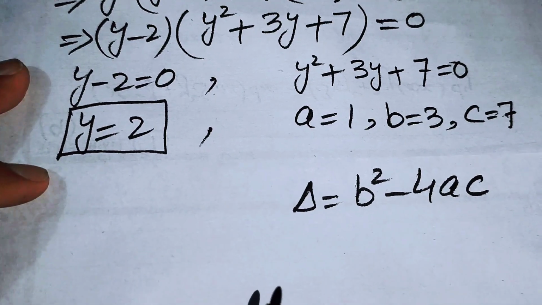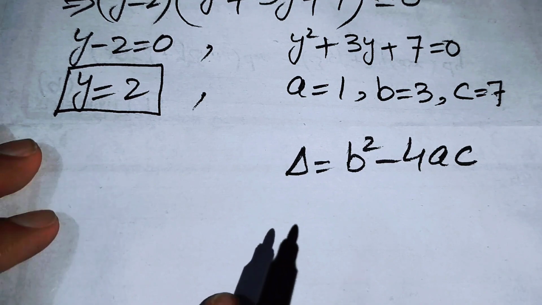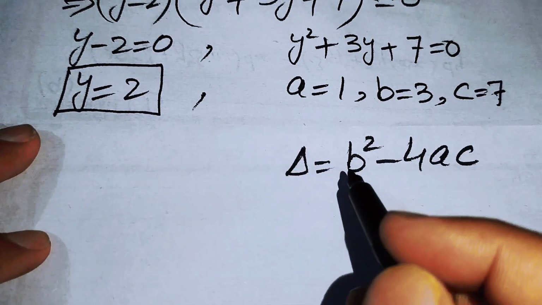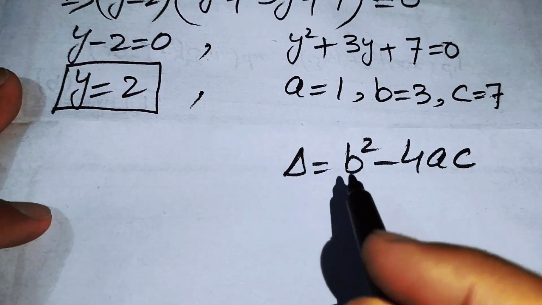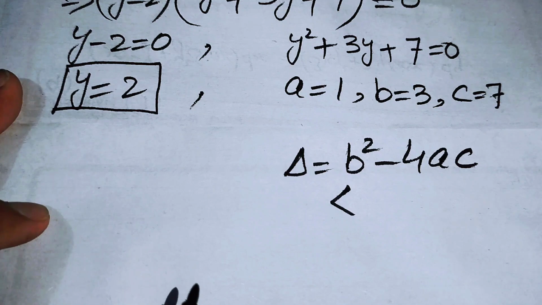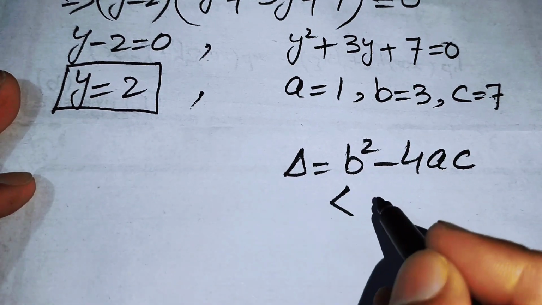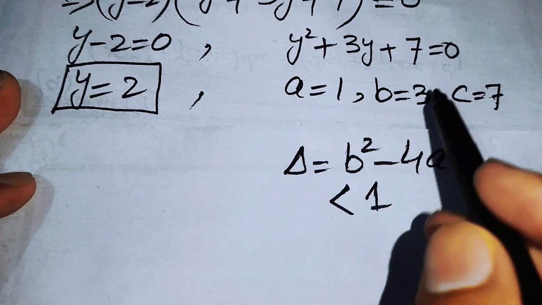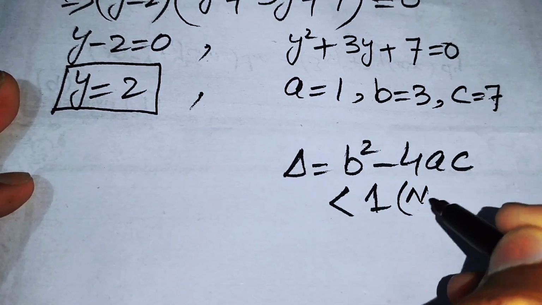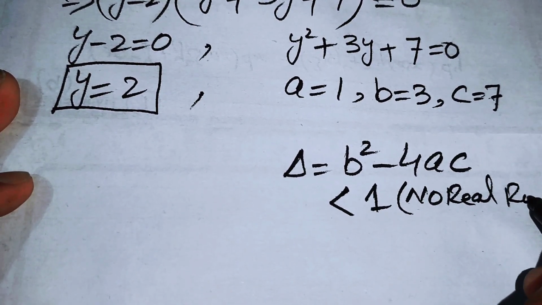Here you need to understand something about this delta, or discriminant. If delta is less than 0, then we say that this quadratic equation has no real root.